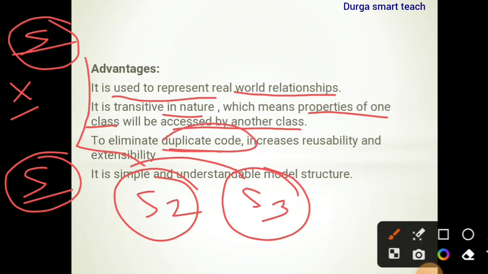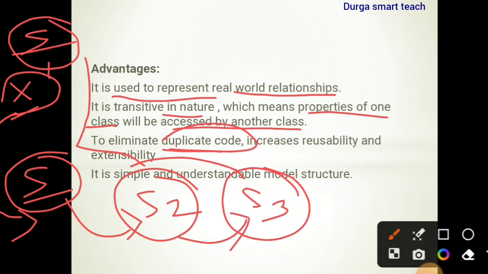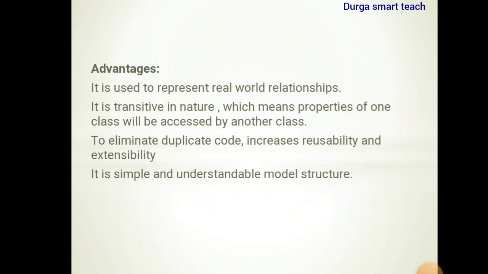If you declare one variable in the superclass, you can access this variable in this subclass, this subclass and this subclass, in any number of subclasses without rewriting the code. Next, it is an easily understandable model structure, simple and understandable.